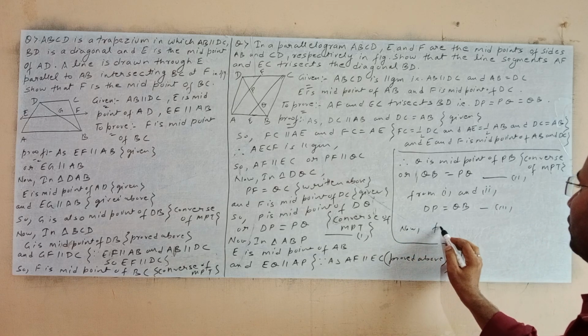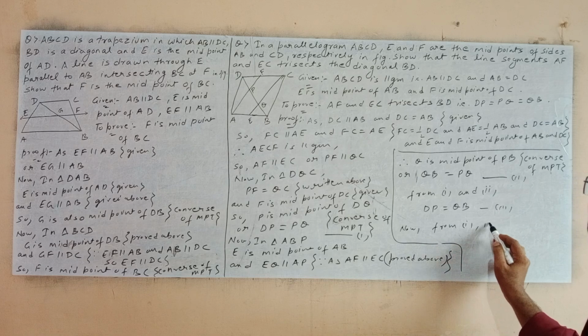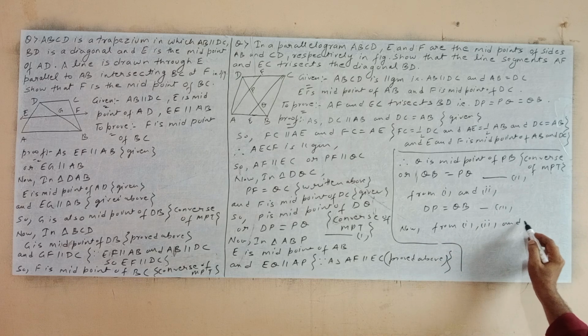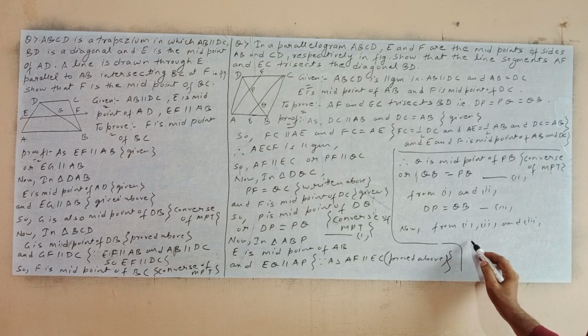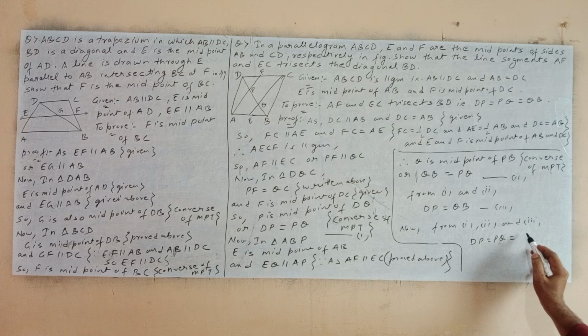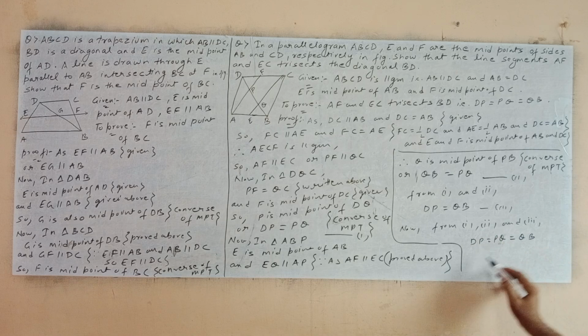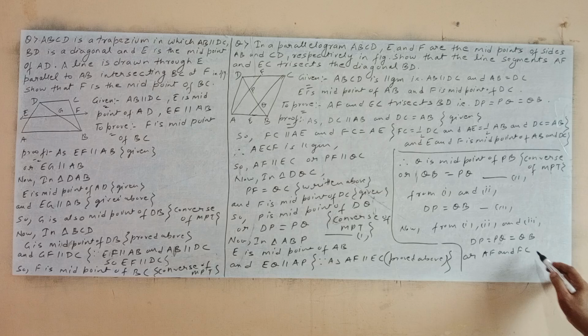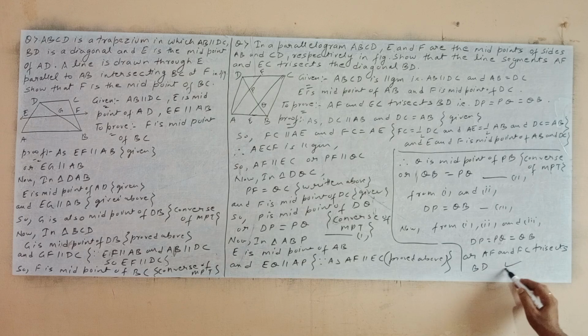From first, second and third, you can say that DP is equal to PQ is equal to QB, or you can write AF and FC trisect BD.